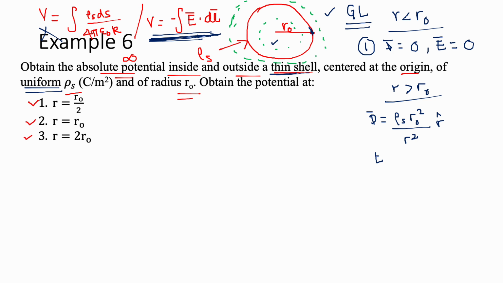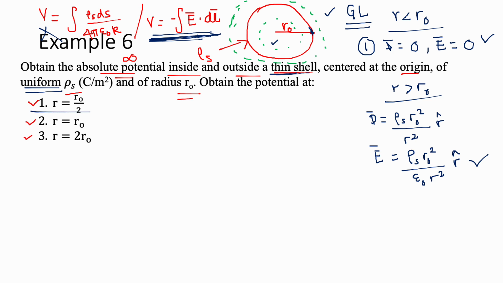And your E will then become, you just have to divide by epsilon naught, so rho s r naught squared over epsilon naught r squared in the r direction. Okay, so we will use both of these E fields to calculate the potential inside and outside.